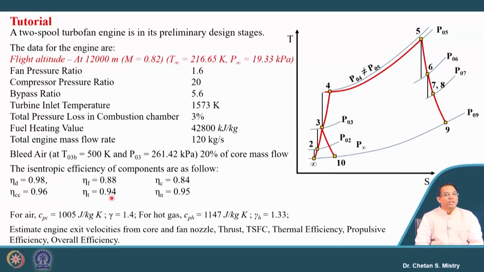You can say here this gives you an idea that your fan will be driven by your LP turbine, and overall compressor ratio is given, that means your whole compressor will be driven by your HP turbine.